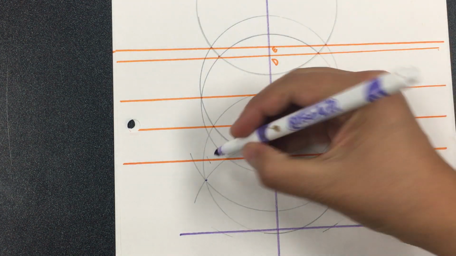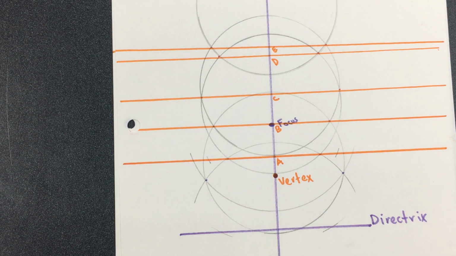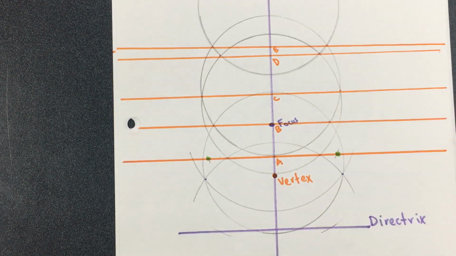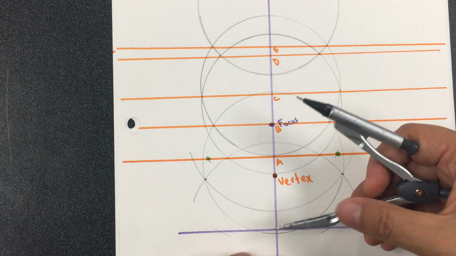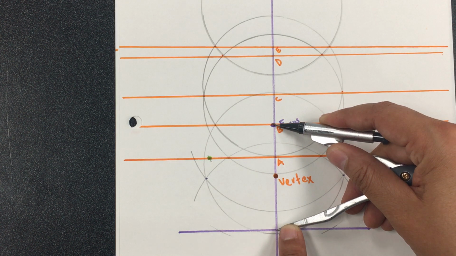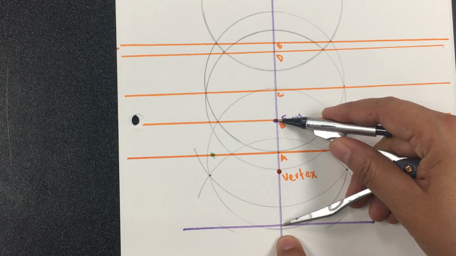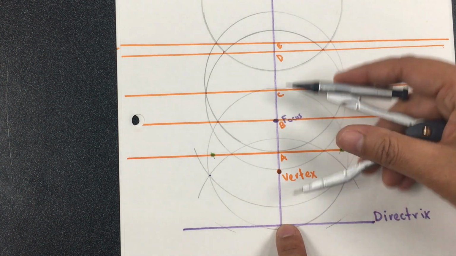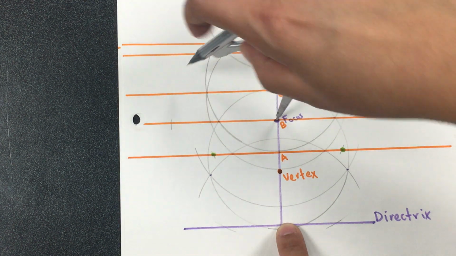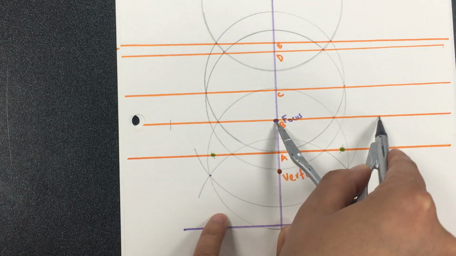So you're gonna put the points right here, and I'm gonna use a different color. So right there. The next one is, now from there, again from the directrix to point B, don't open it or close it, and go to the focus and mark line B with that same measurement.